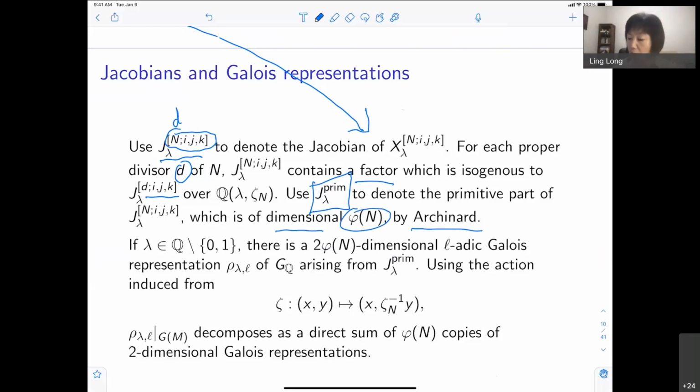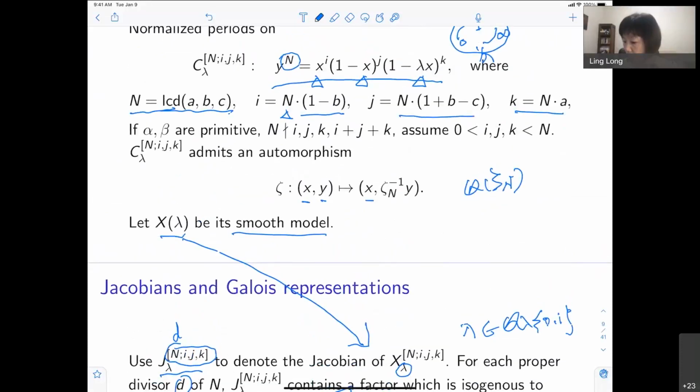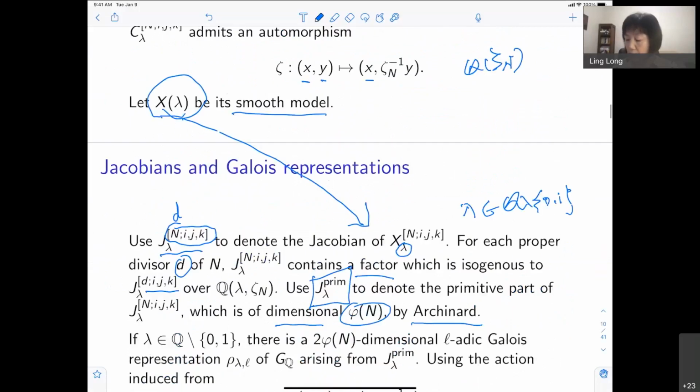So in the whole picture, if I choose lambda, a fixed value, say, for instance, defined over Q and avoiding 0, 1, there is a Galois representation associated with the Jacobian of this generalized Legendre curve. For each divisor, you can compute the corresponding Galois representation, also for G_Q. You take away those old parts.